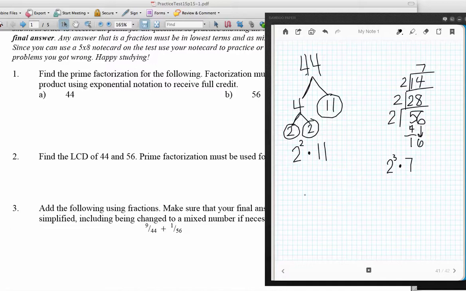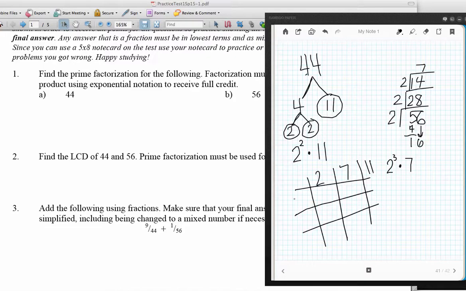Now the next question, problem number 2, asks us to find the least common denominator using these prime factorizations. There's a couple of ways this can be done. We can make a little table here, and we can list all of the factors that I see here, which I see 2's, 7's, and 11's.